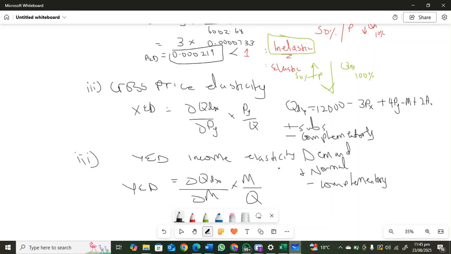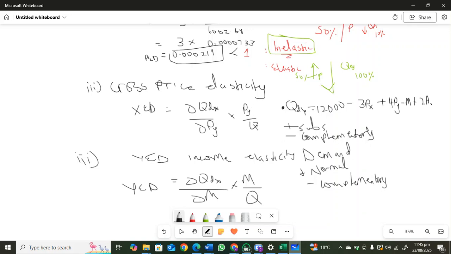So your homework for tonight, you derive this one with respect to Py. Then also you derive this same demand function with respect to M. Then here just substitute Py with the price given, which was 1/4.